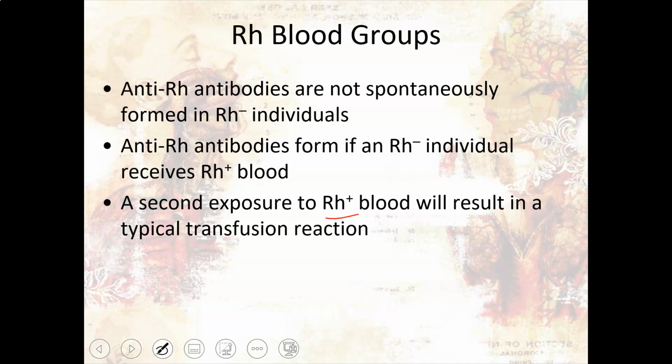This is most problematic in pregnancy. Because of the way the genetics work, it's very conceivable. It's common even for a woman who has a negative blood type to be carrying a baby that will have a positive blood type. If you have a negative blood type, that negative blood type is recessive, so you have to have two negative alleles.